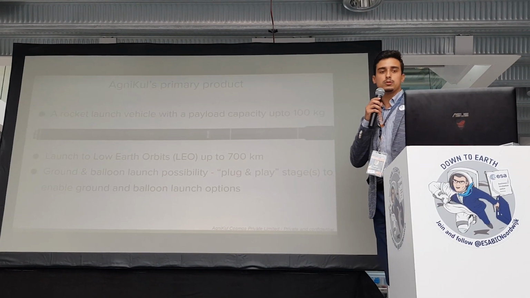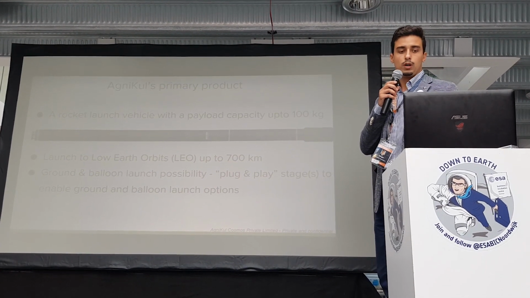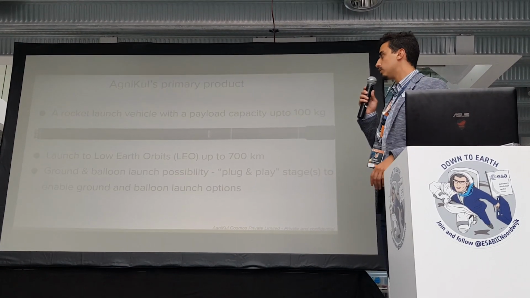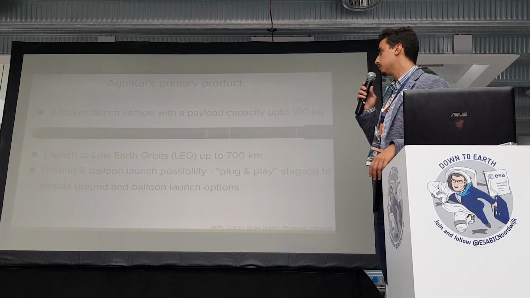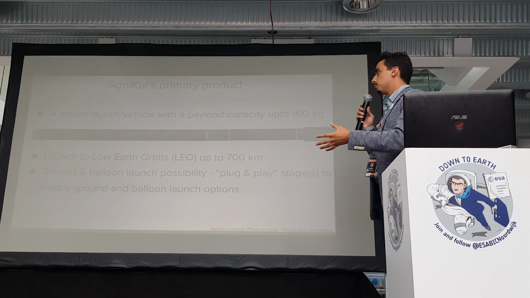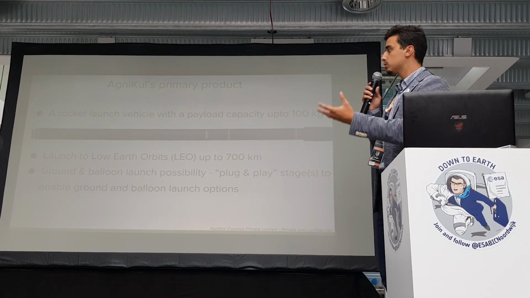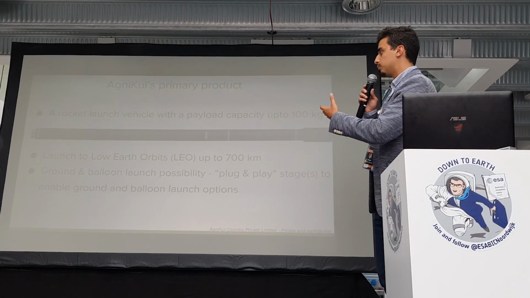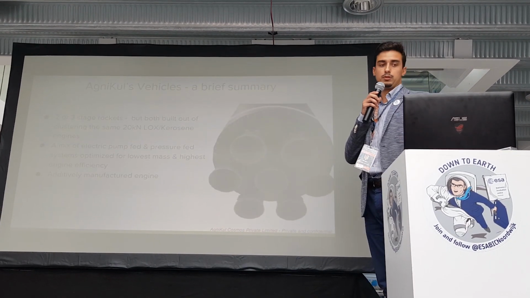This is our primary product, up to 100 kg, and we are aiming to go to lower orbits first, up to 700 kilometers. As our engine is very adaptive, we are studying if we can also use other types of launching possibilities, such as a balloon.